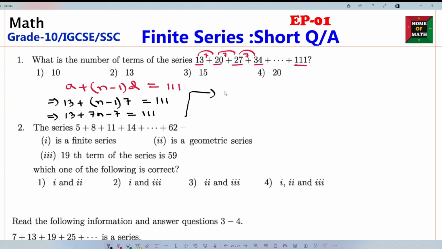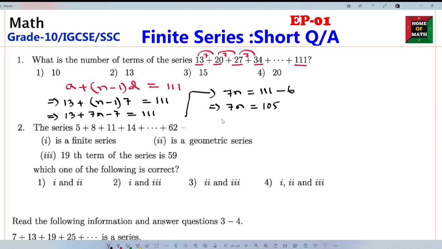Next line. 13 minus 7 is 6, so we can write 7n equals 111 minus 6, because we move this 6 from the left side to the right side. So 7n equals 111 minus 6, which is 105.